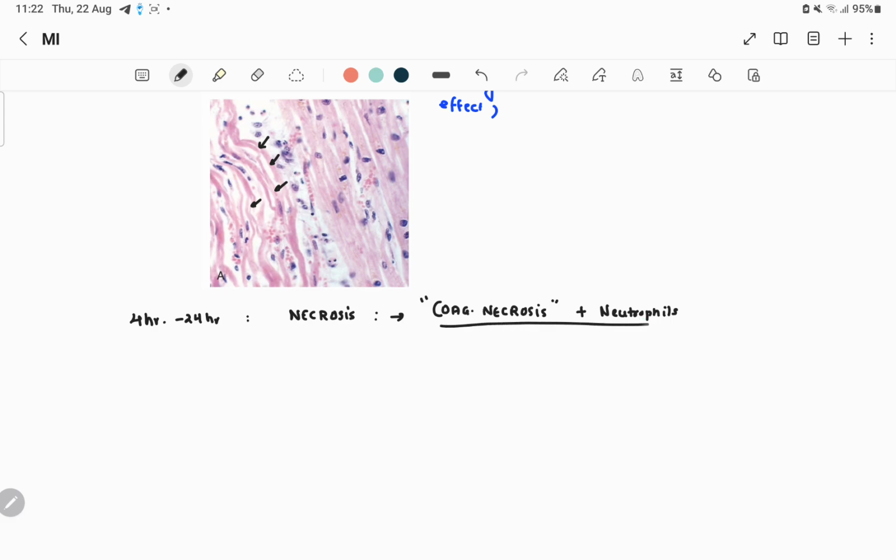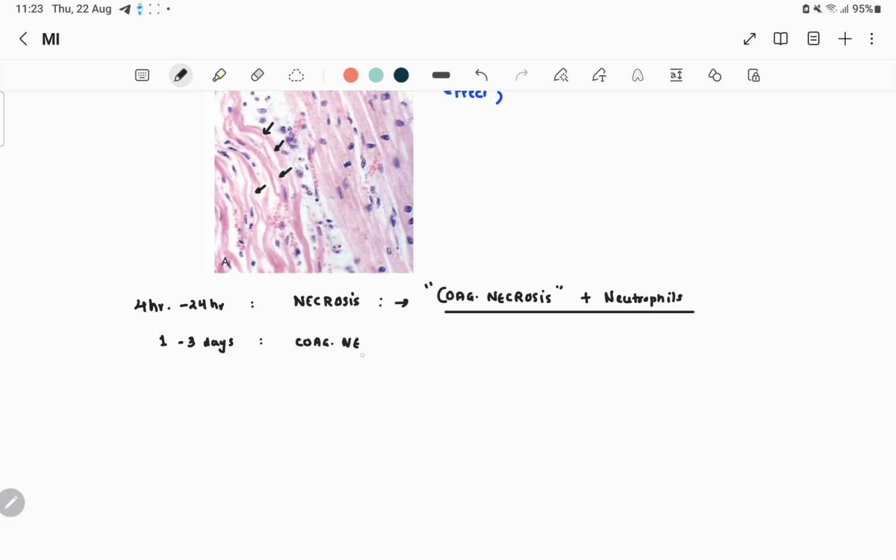This is the microscopic finding. Then at 1 to 3 days, there will be the same coagulative necrosis plus your neutrophils. Here the neutrophils are maximum in number.